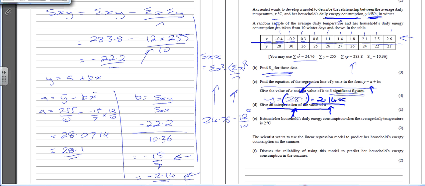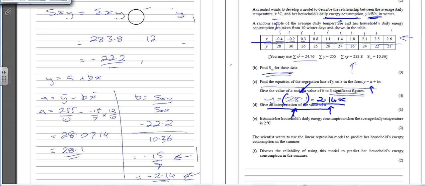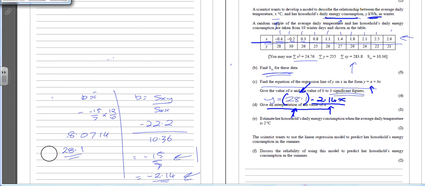So 28.1 is the daily energy consumption per hour when the temperature is 0. Now estimate her household's daily energy consumption when the average daily temperature is 2 degrees. So what we do is we just use our equation that we've just painstakingly worked out, and we just substitute in the relevant value.